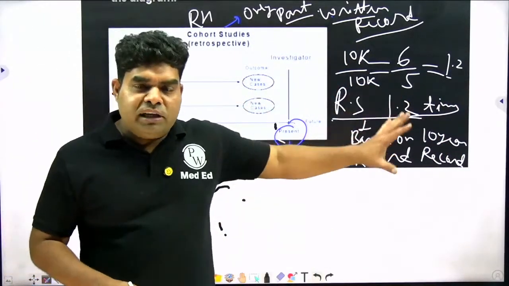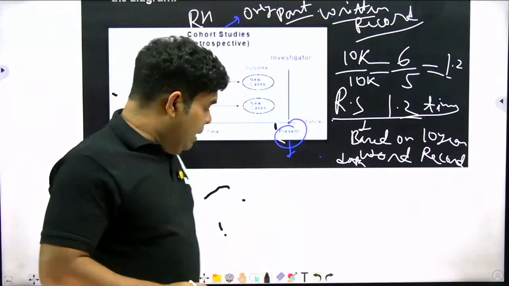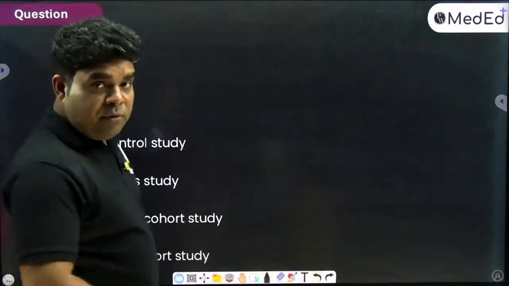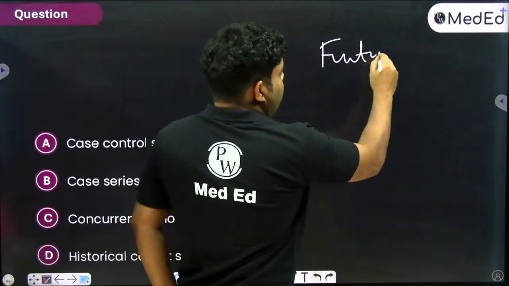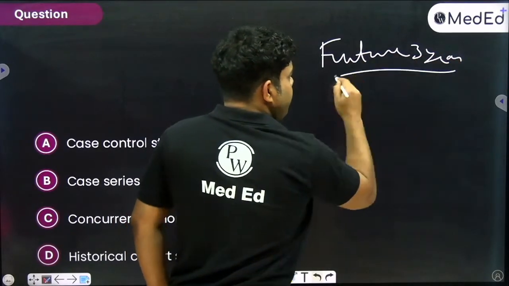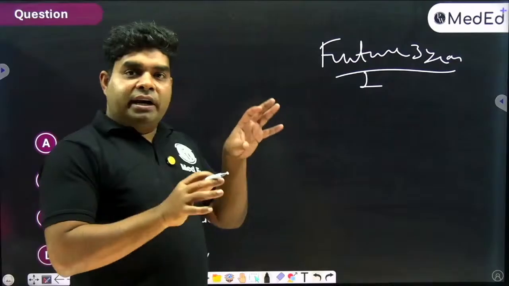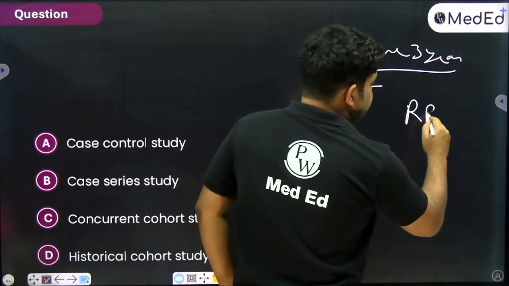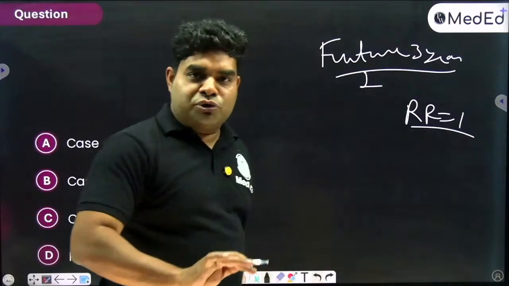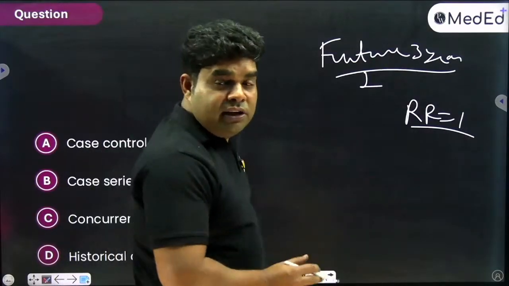So then you thought to disprove this, when I take MDMS, I will do this study. And for the future 3 years, you compare the two groups, radiology and other staff, and you find out that actually the relative risk is just 1. That means actually there is no association. This you did by a future 3-year study.